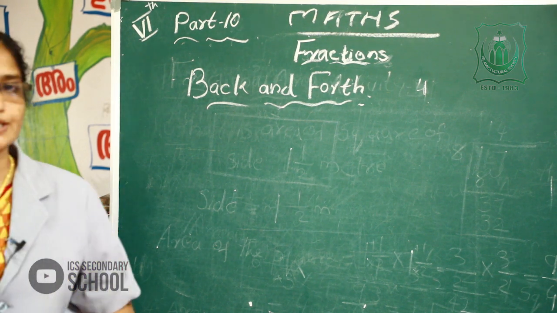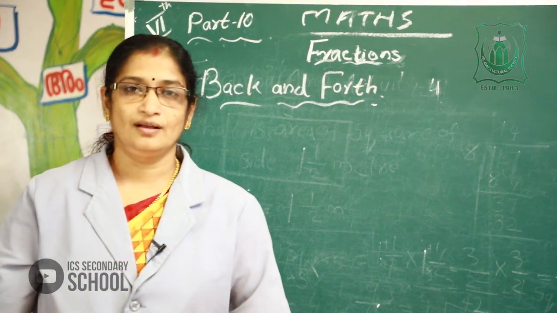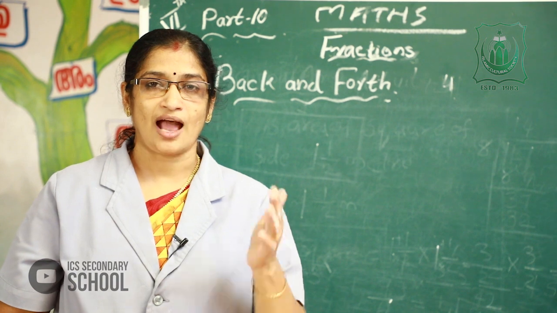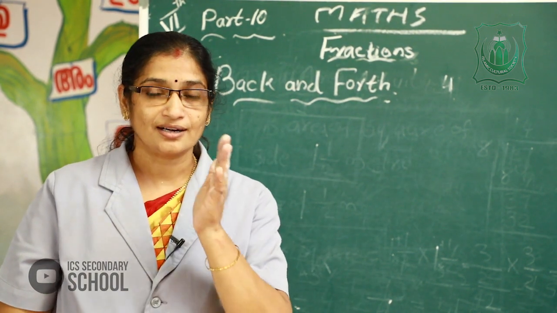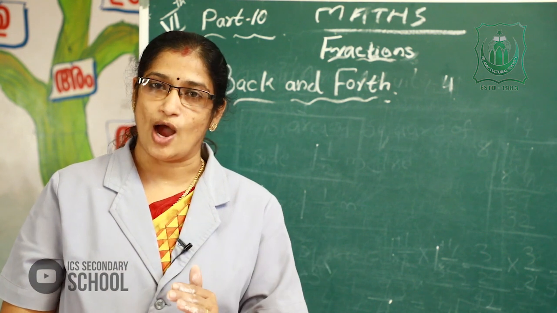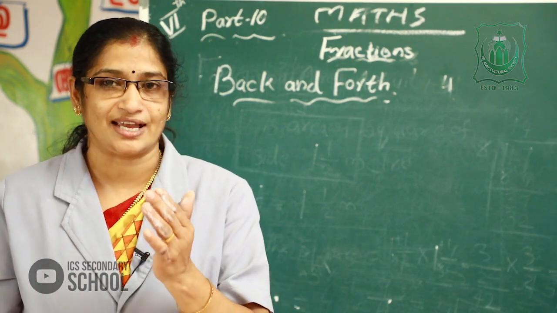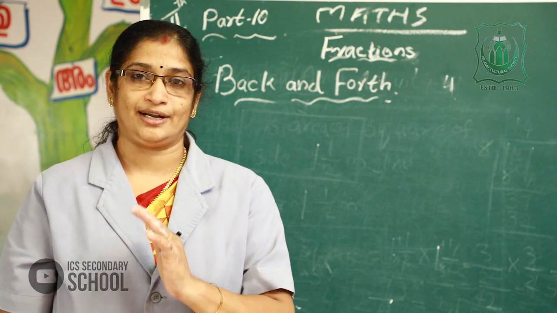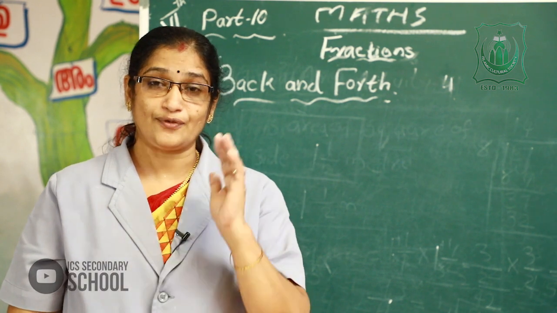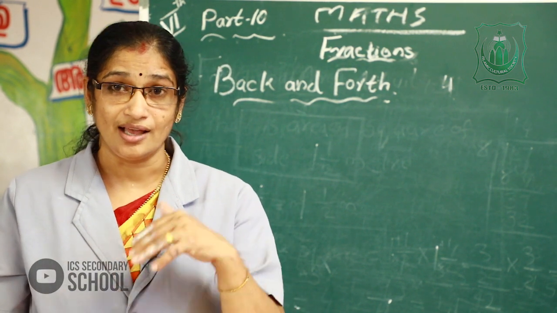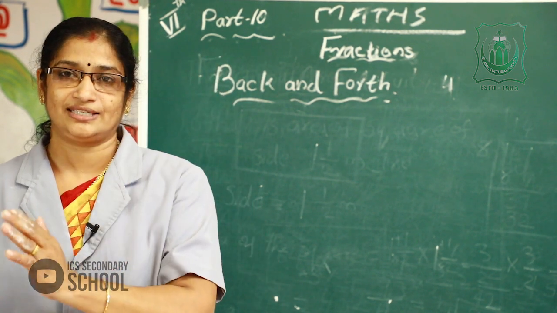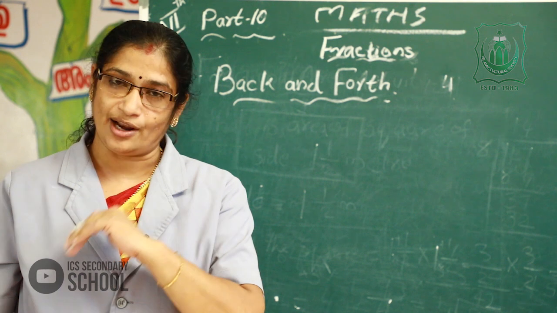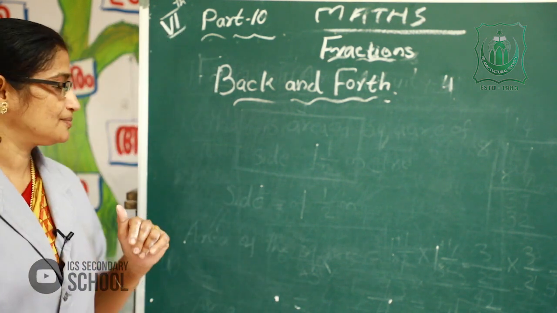Instead of saying turn the fraction upside down, we can say interchanging the numerator and denominator. The fraction thus got is called the reciprocal. Reciprocal method is interchanging the numerator and denominator. Listen.